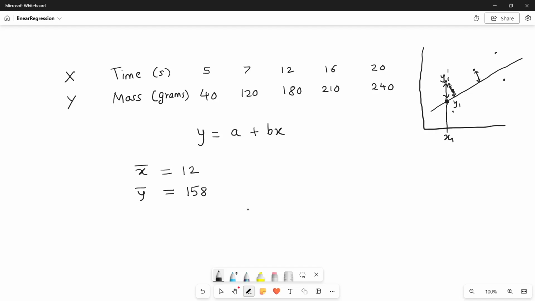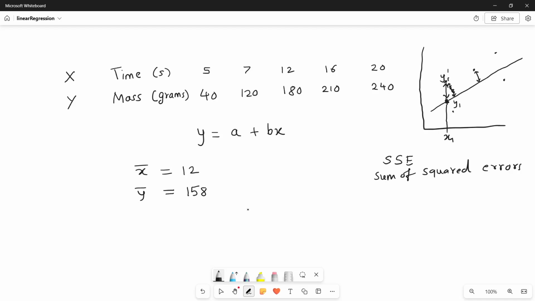So you can say that this method or this formula is based on SSE, that is, the sum of squared errors method.